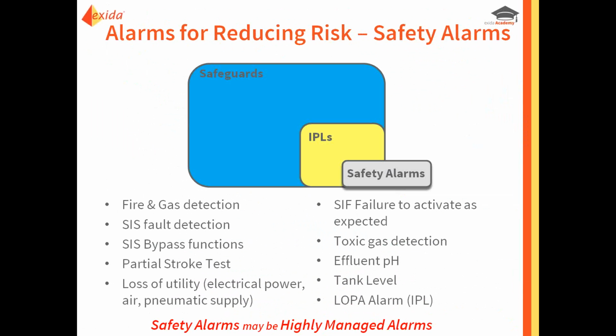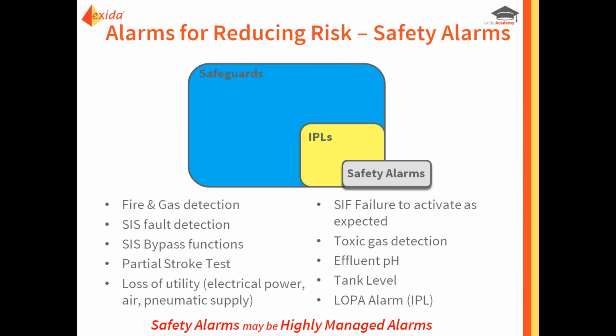So it could be things like, and this is what you might consider, is a fire and gas detection alarm a safety alarm? It's there for mitigation purposes. Is a SIS fault detection alarm a safety alarm? Probably not in general, but maybe there are some related to loss of availability or redundancy. Those might be safety alarms.